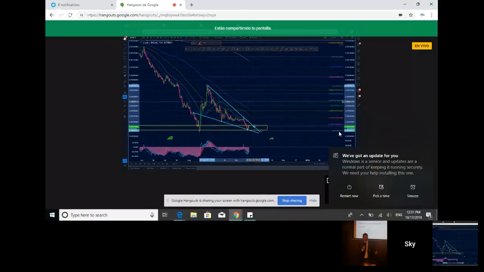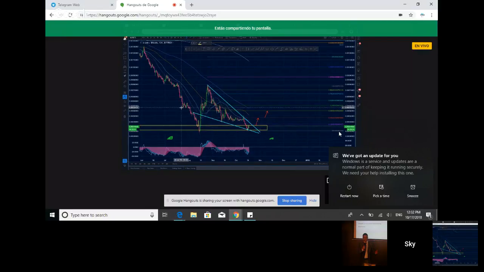So I want to say that for Lisk, we should have some targets. First target at 10% profit at the 5,000 level. Next target should be placed at 5,600 level. This is about something like 20% profits.